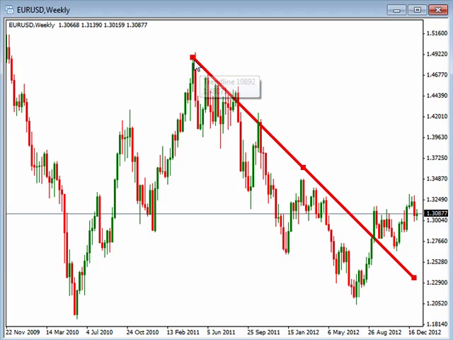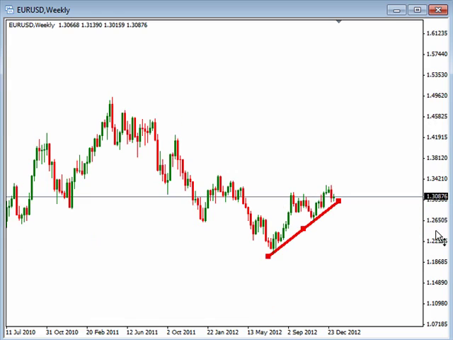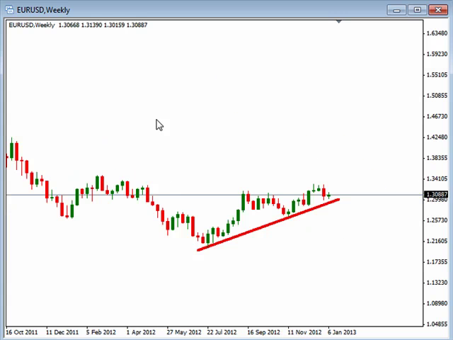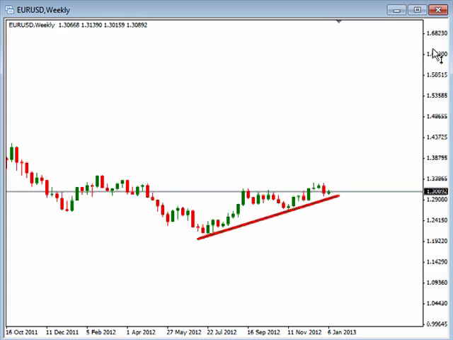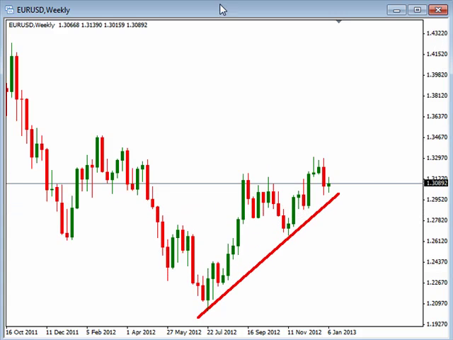Now, as we look at this, we could reasonably say that the weekly chart has pulled back down towards an area of support. By looking at opportunities to say that the market's moving back up again, a move above the highest high of the last three would certainly tell us that the market is moving back up.